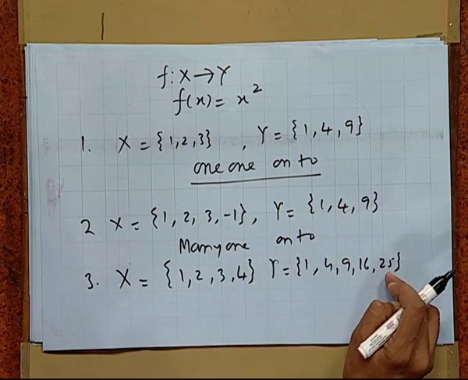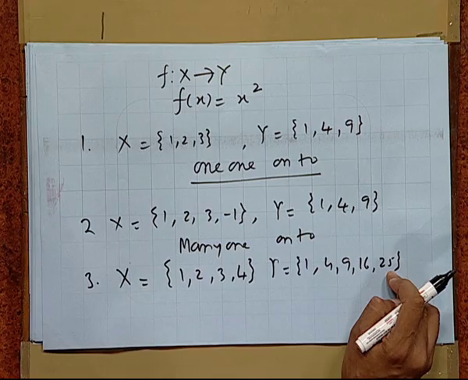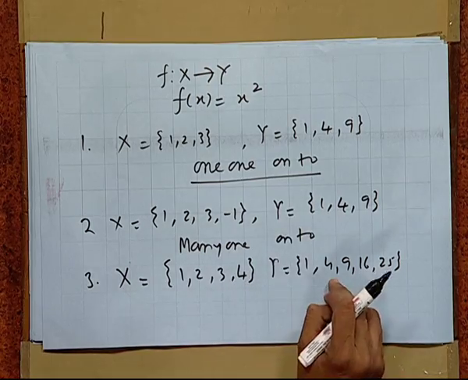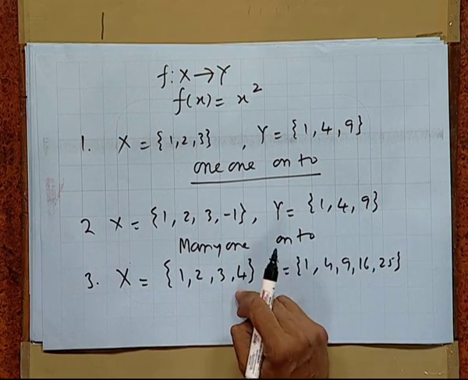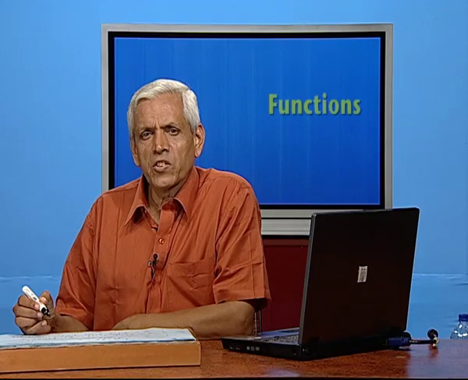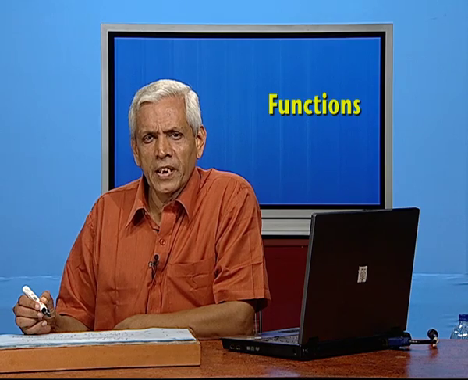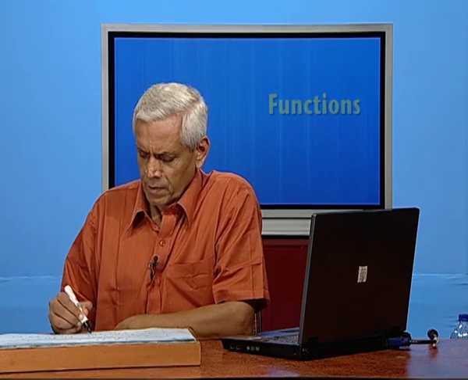Yes, because every element has an image and no element has more than one image. So, it is certainly a function. Next question, is it 1-1 or many-1? Here the image of 1 is 1, image of 2 is 4, image of 3 is 9, image of 4 is 16. There is no common image, so it is a case of a 1-1 function.